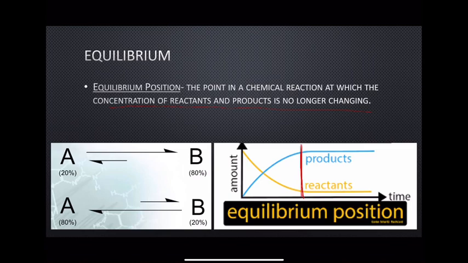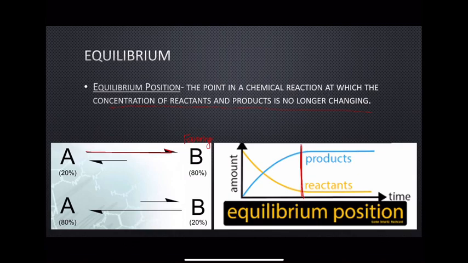Sometimes the reaction is proceeding in the reverse direction more. And so that's what we see here in this first picture. In this first picture, we use the term favoring. It is favoring the formation of B, okay? 80% of it's being converted to B, only 20% to A, all right?